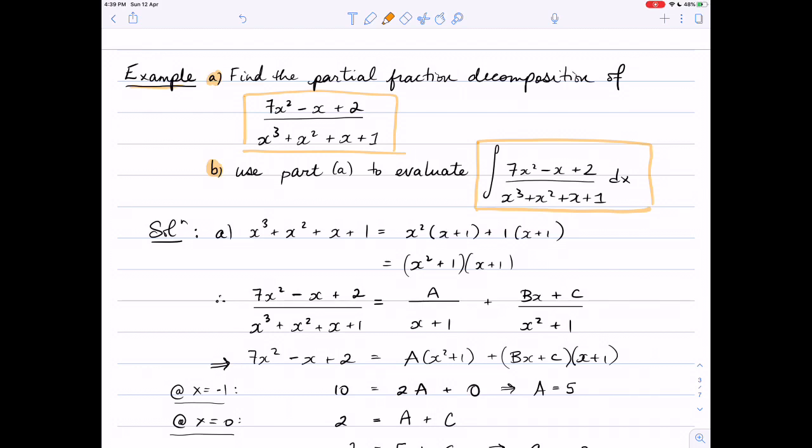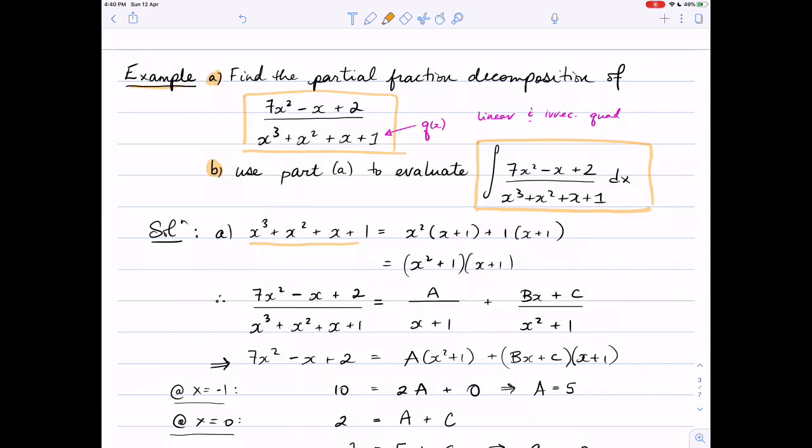So the first thing to do, I am thinking as above that our denominator here is q of x, and q of x can always be factored into linear and irreducible quadratic factors. So we're going to go ahead and factor that denominator first.